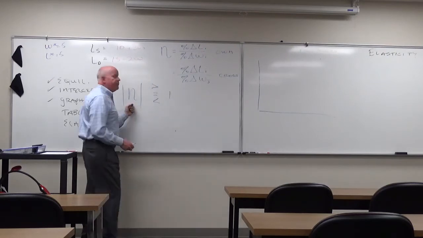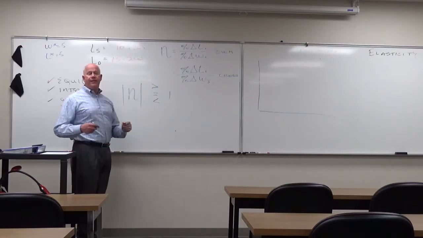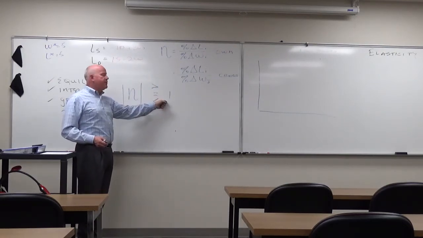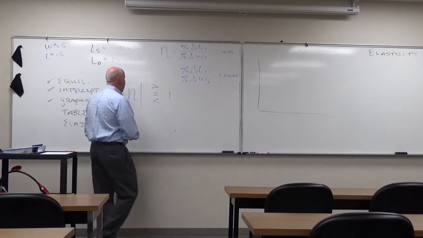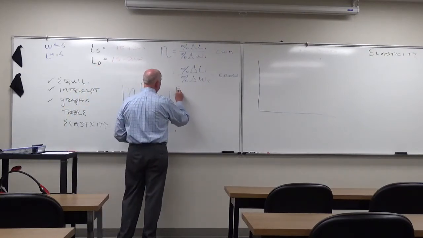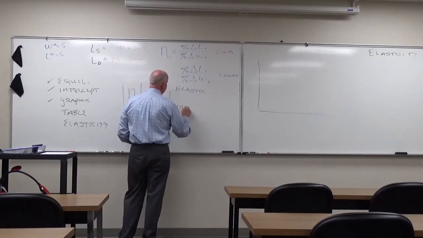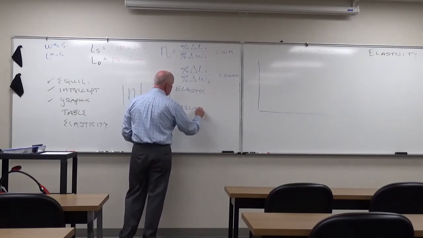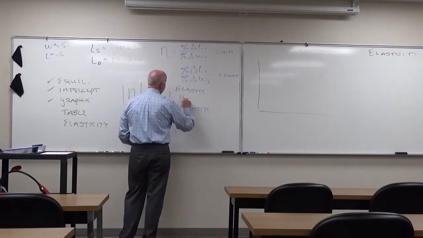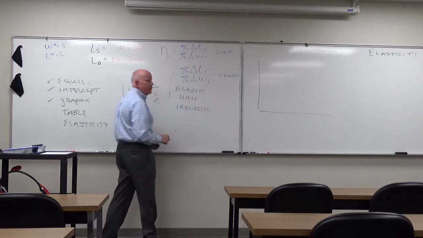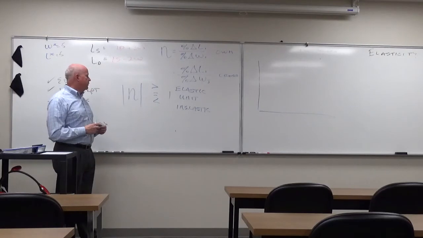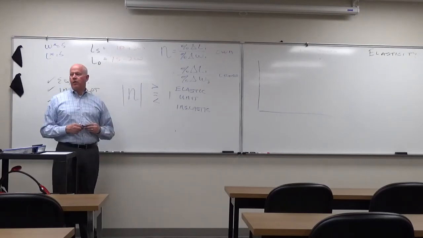I want the absolute value, so I strip away the negative so I can use this rule. And we call this elastic. We call this inelastic. And we call this unit or unitary elastic, when it's equal to just straight on 1.